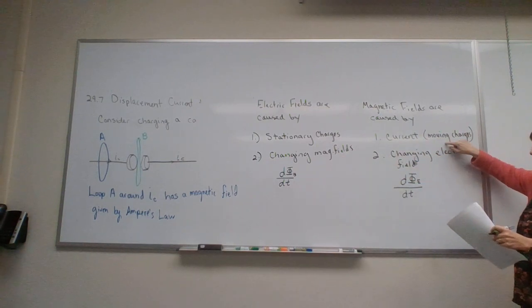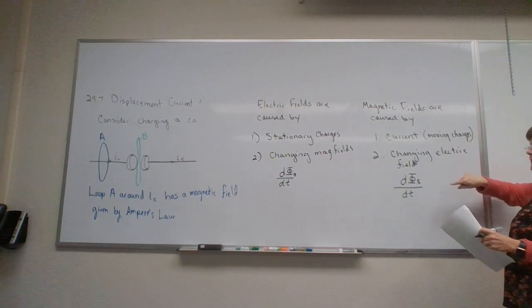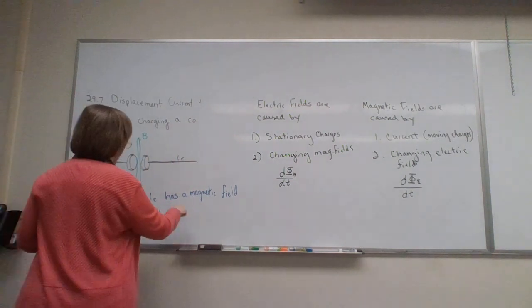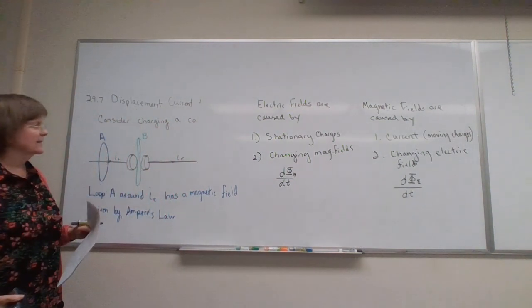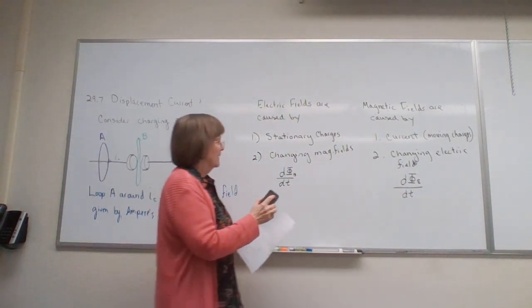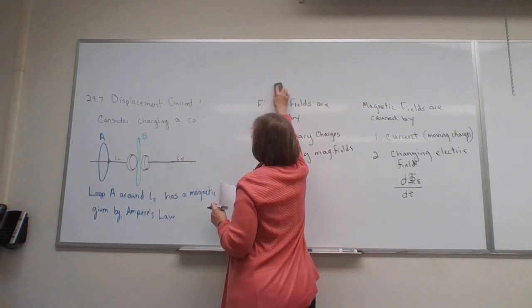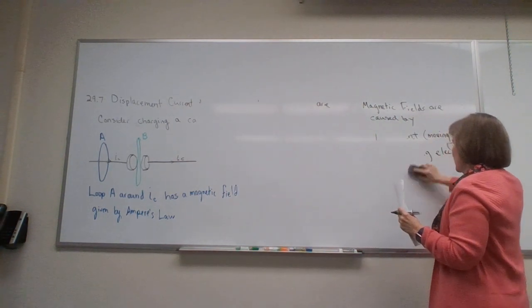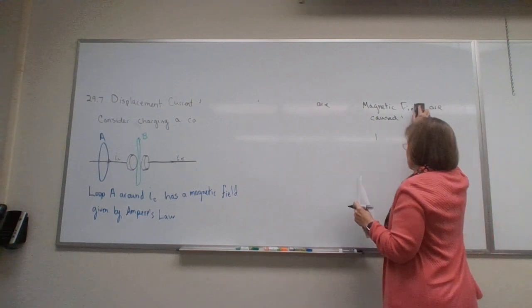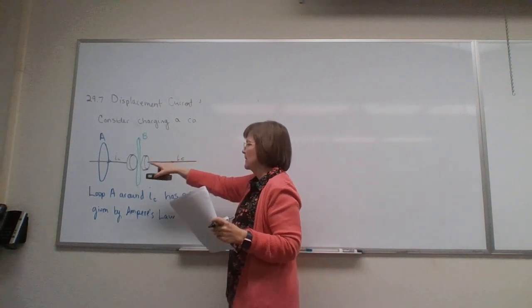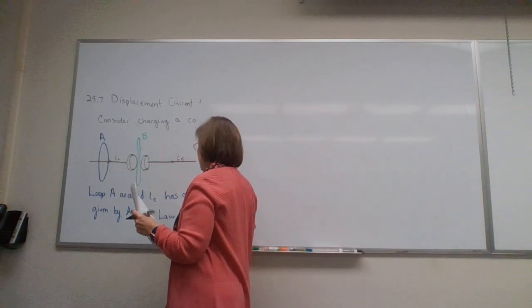Magnetic fields are caused by moving charges, currents, and changing electric fields. As charge builds up on these two plates, the electric field between them is changing, and that's what's causing the magnetic field. It's really interesting because the magnetic field measures to be the exact same size as if it was caused by a current right here.